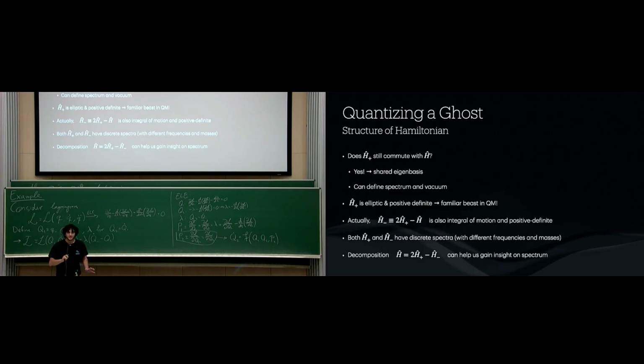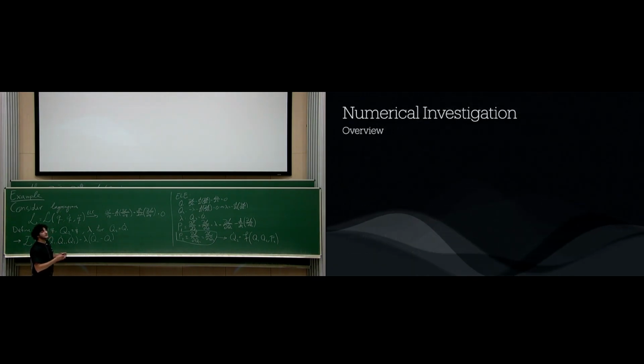And then what this means is essentially all of these have common eigenvectors. So if you want to determine the eigenvalue of the Hamiltonian, you can just take 2 times the eigenvalue of H plus minus the eigenvalue of H minus. And this way you can try to analyze the structure of the spectrum. We're doing that right now, so we're not really done with it yet. We can get some insight on this, essentially.